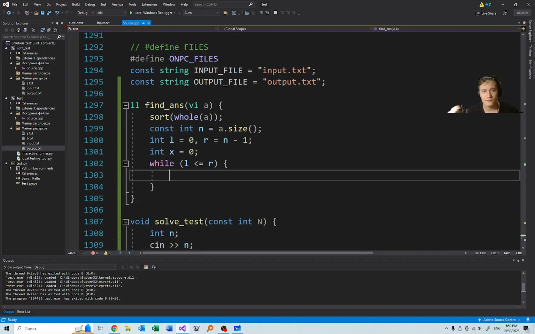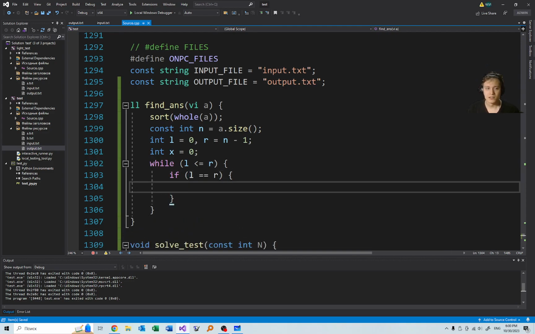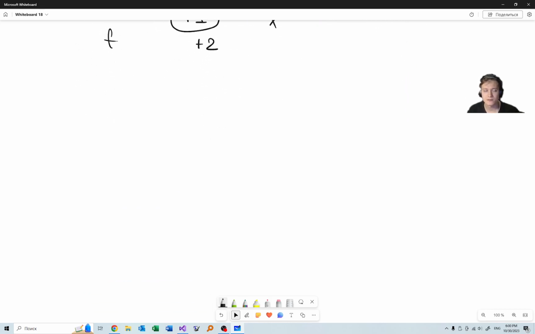So there are several cases. Let's firstly consider the corner case when L equals R. So how do we do it if L equals R? Also we have some sort of invariant which says that X is at most the size of our rightmost group.